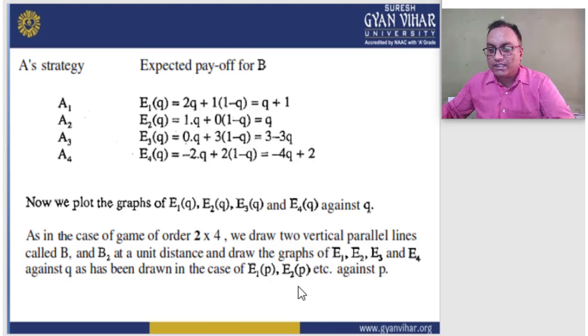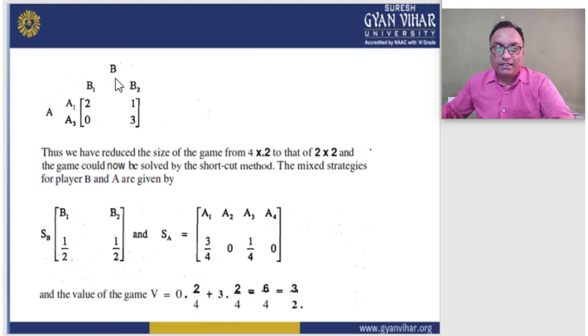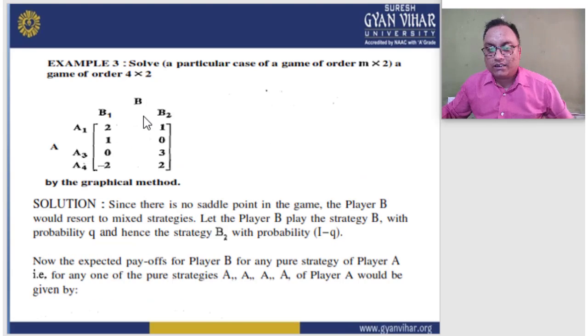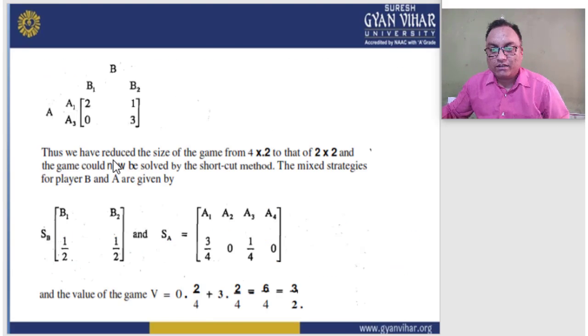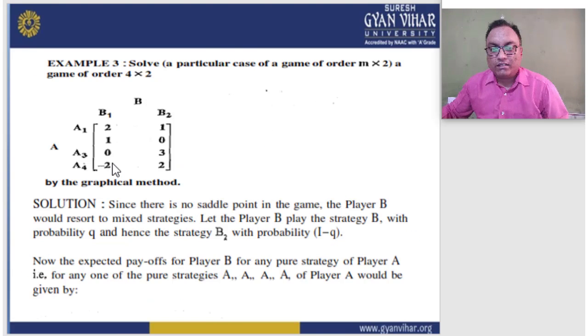So for this case, here is the B strategy, and the problem is converted into A1 and A3, with payoffs 2, 1 and 0, 3.